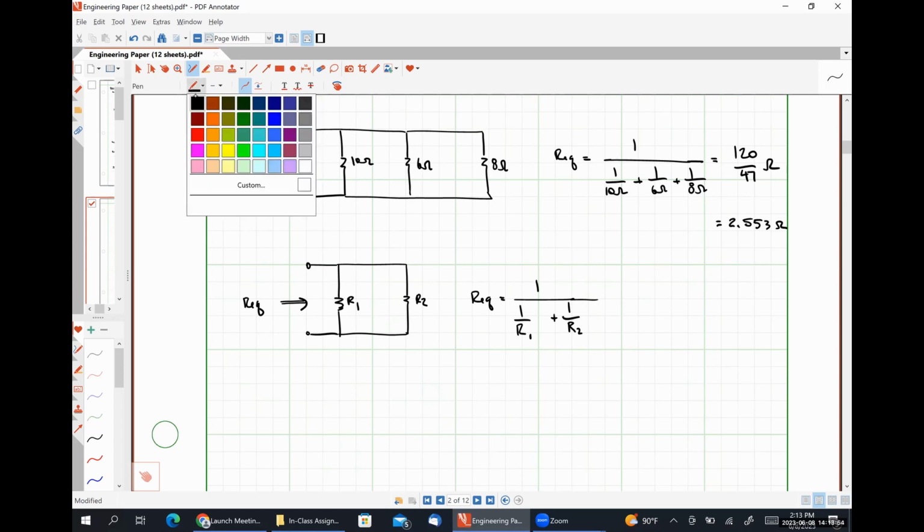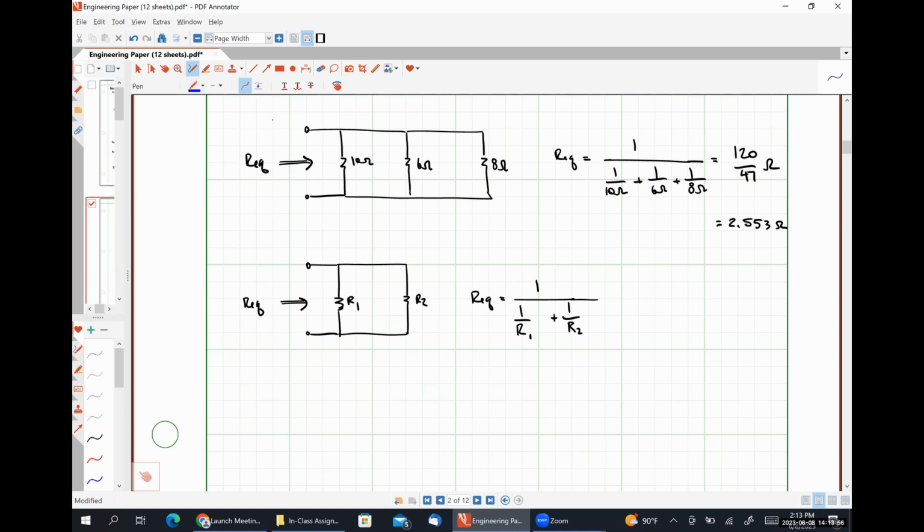So what I'm going to do is play around with some algebra here. I'm going to multiply this term 1 over R1 by a factor of R2 over R2, and I'm going to multiply this factor of 1 over R2 times R1 over R1. And so what that gets me is 1 over R2 plus R1 divided by R1 times R2.